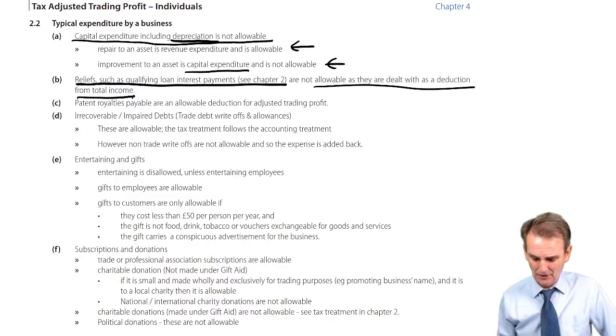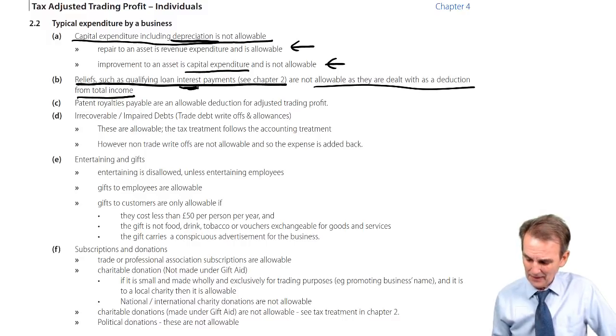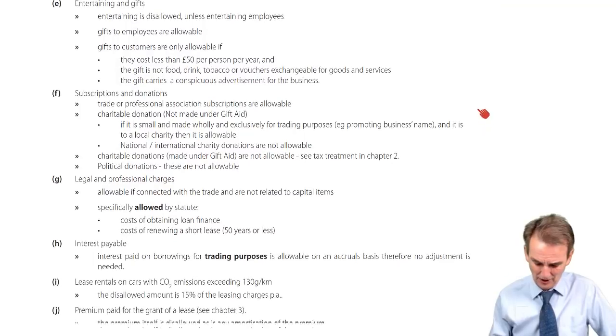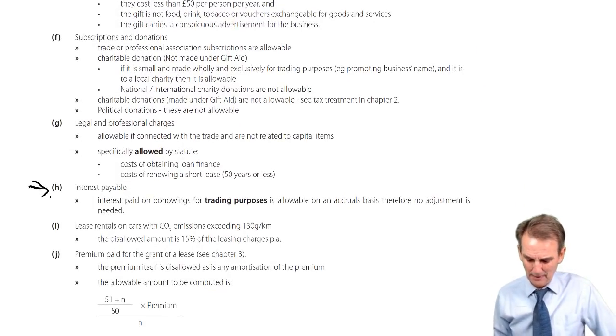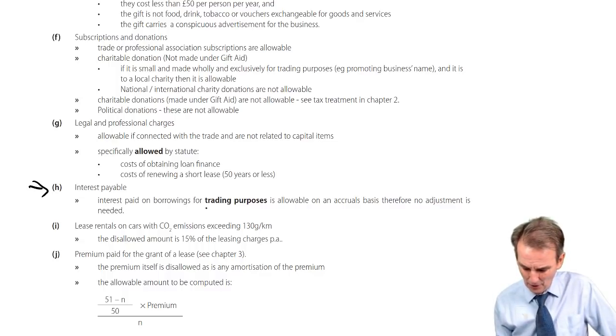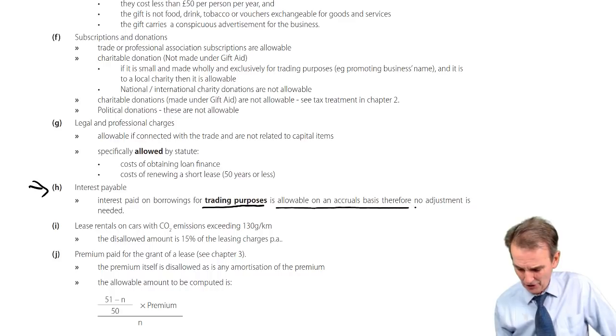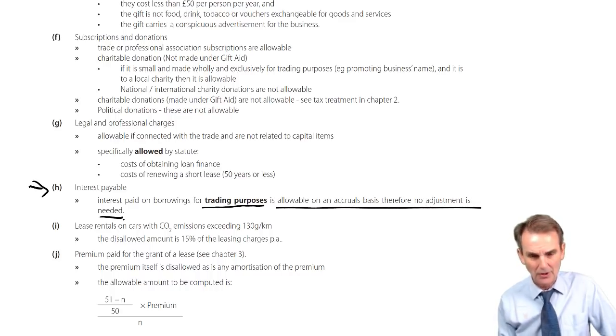What we'll tend to find though is the sort of interest that we'll see is probably more likely to be normal trading loan interest. So if you look down here, interest payable, interest paid on borrowings for trading purposes, that is allowable. On an accruals basis, no adjustment is needed.